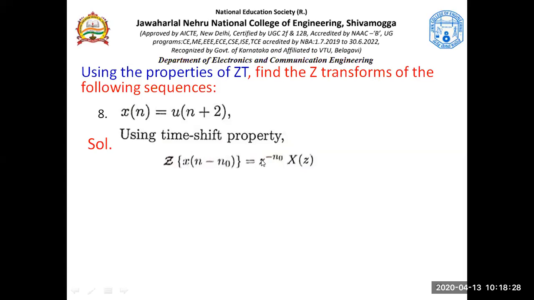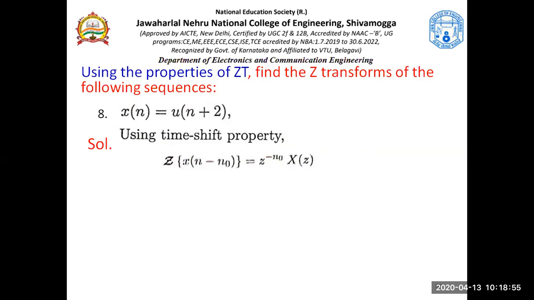Z to the power of minus n naught into X of z is the z transform of x of n minus n naught. This whole together is the z transform of x of n minus n naught. But if you take just this, it is the z transform of x of n. If you apply z transform on x of n, it looks like X of z. That is what one needs to understand here. Is that okay with you, everybody?